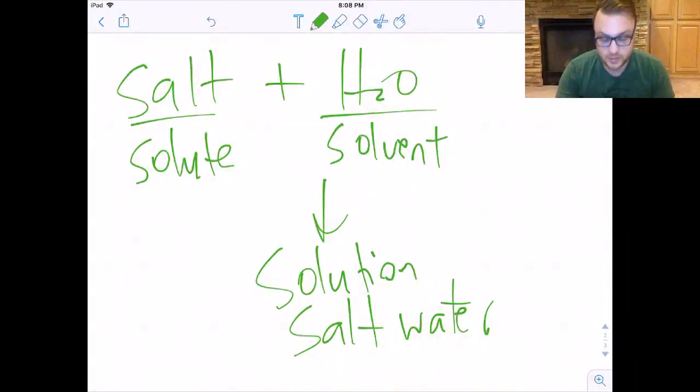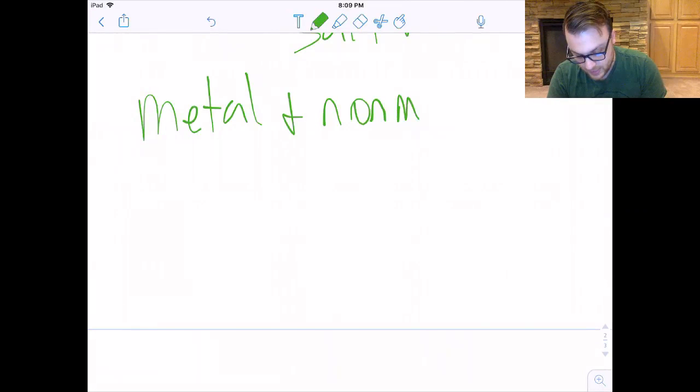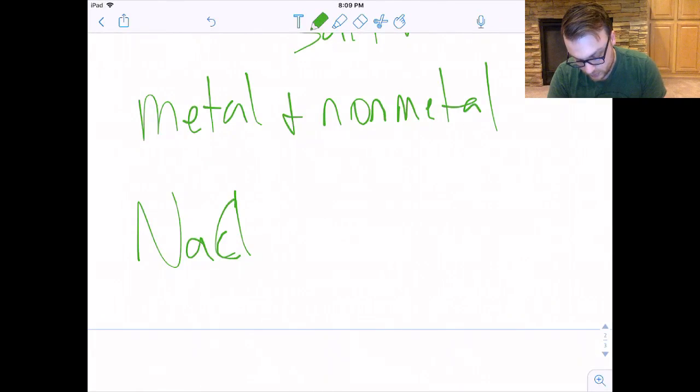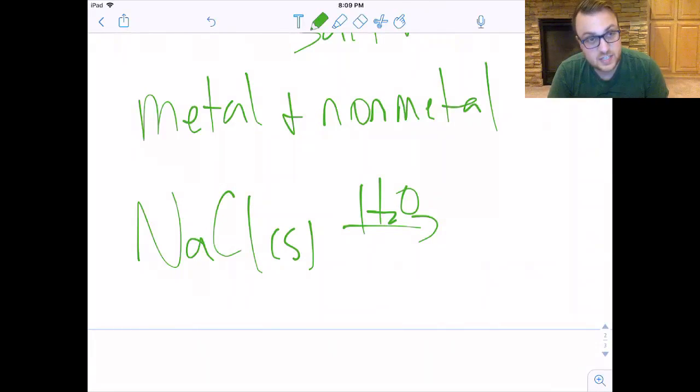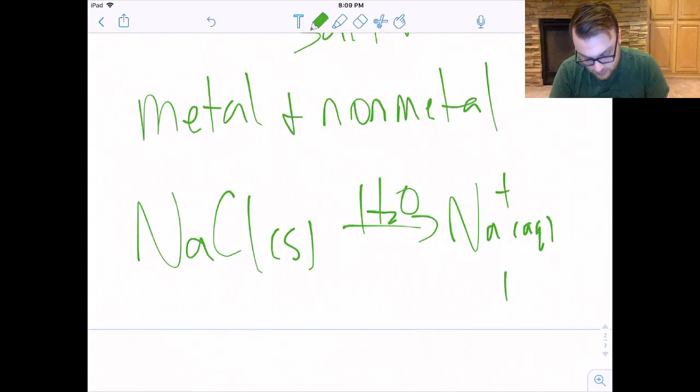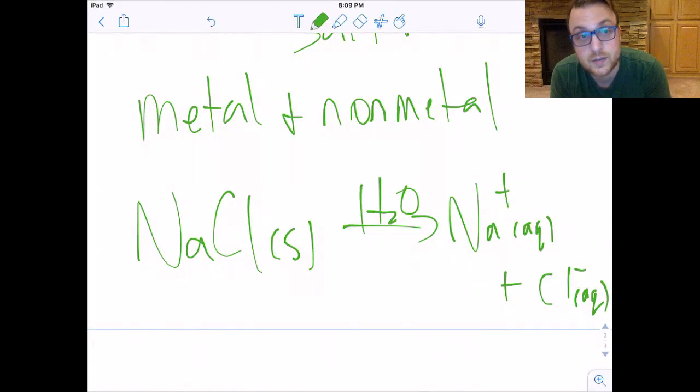Now, it's important to note when you have an ionic compound, a metal and a nonmetal, like NaCl, which is salt. When you take the solid form of NaCl and dissolve it in water, it dissociates into its individual ions: the negative chlorines and the positive Nas.